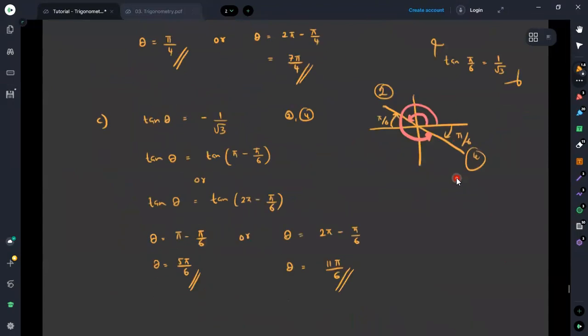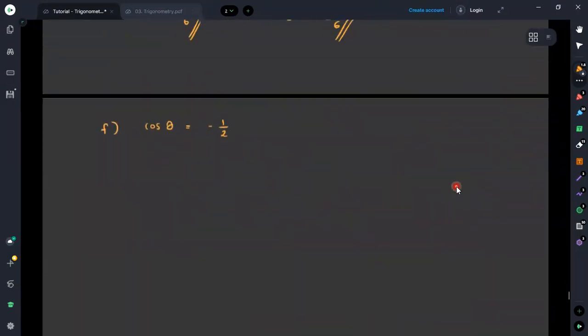Therefore, in the second and third quadrant, cosine theta can be negative. So it should be in the second or third quadrant. Then we can measure the angles in one of these directions. Now we have defined the minus using the second and third quadrants. Then we need to find the angle associated with half.